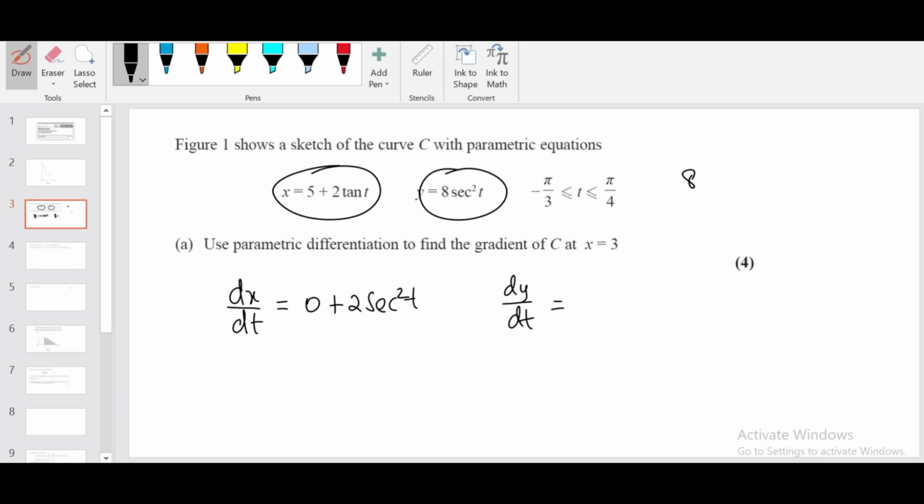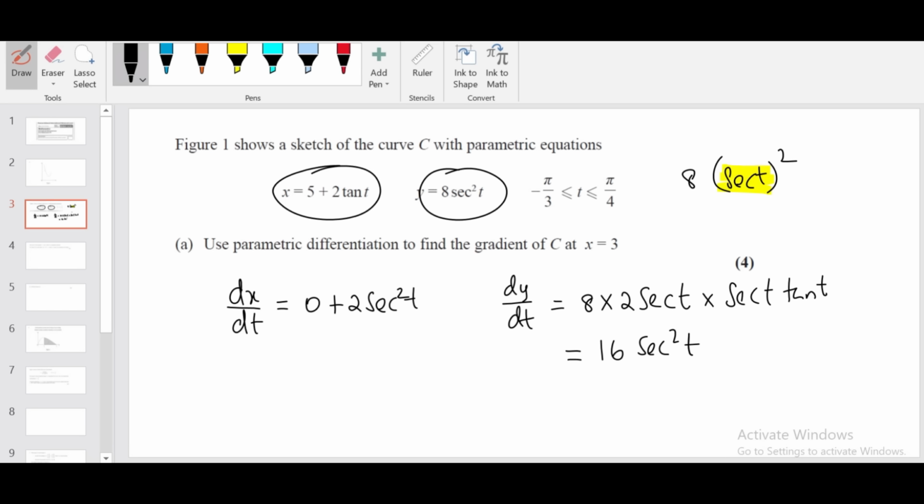Keep the 8 as it is, secant square t, take it as secant t whole square. It looks like x square, so the derivative of x square is 2x times the derivative of x, and differentiating secant x you will get secant x tan x. That's the chain rule. So it's basically 16 secant square t tan t.